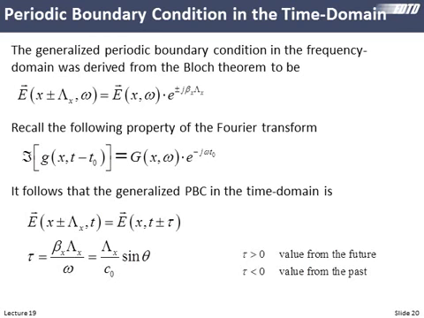So let's look at a property of the Fourier transform. If we have a function and we give it a time delay and we Fourier transform that, we get the Fourier transform of the undelayed function, if you will, times a complex exponential with that time delay put in the exponential. So we want to take our original periodic boundary condition and convert this over to the time domain. So how do we do that?